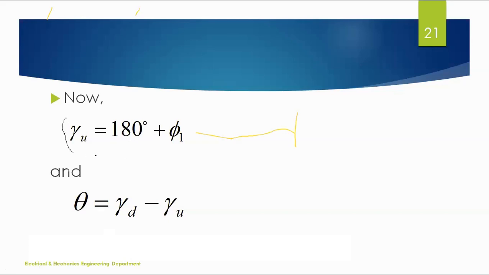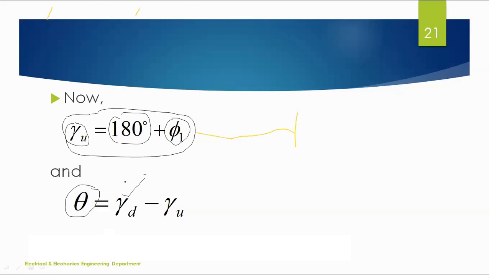To find the uncompensated phase margin, we use this formula: 180 degree plus phi 1. Then theta equals the desired phase margin, which is given, that is our required phase margin, minus this uncompensated phase margin. We will get theta. So now I'm getting three values: A1, phi 1, and theta.